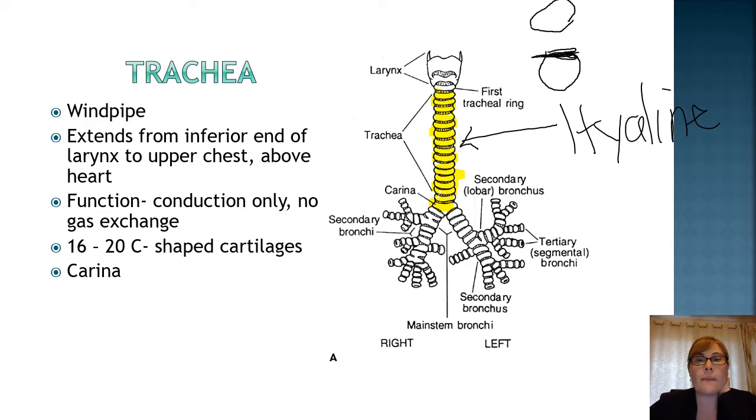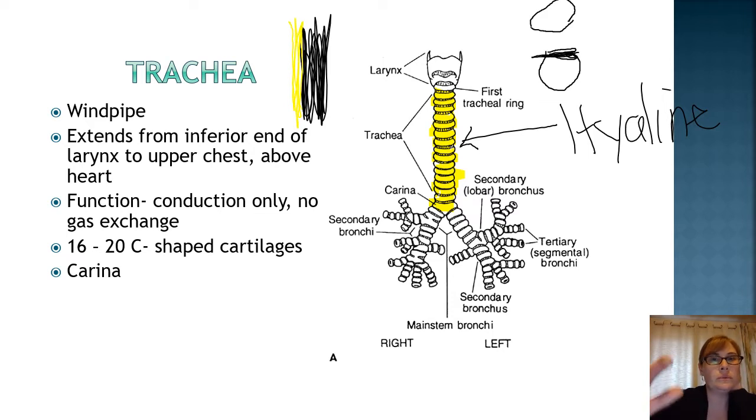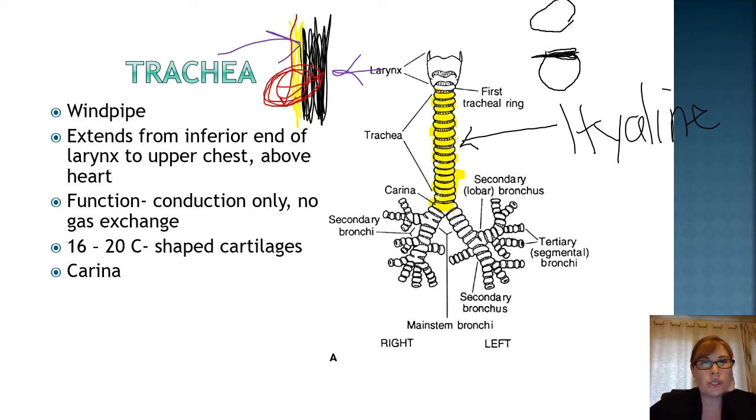Now, butting right up against the back of the trachea, this is the trachea, and this is the esophagus. We're looking at a sagittal view, so this is the front and this is posterior. If food moves its way down this way, and a big mess of food got swallowed at once, it's going to smush into the trachea.